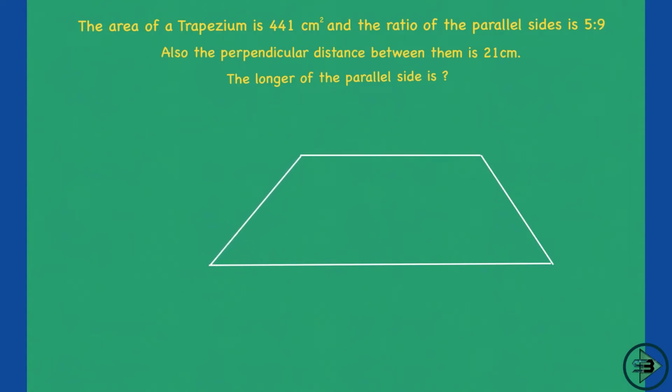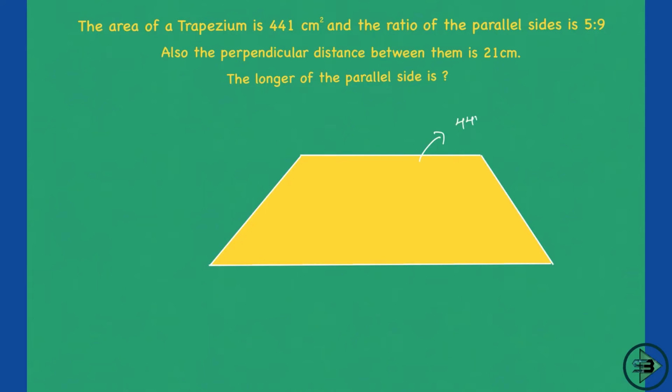So this is how I complete my trapezium, and the area of this is given to be 441 centimeter square. Which means if I paint this completely with, say, yellow, this complete yellow area is nothing but 441 centimeter square. Ratio of the parallel sides is 5:9. But I don't know the exact value, so multiply by x: 5x and 9x.